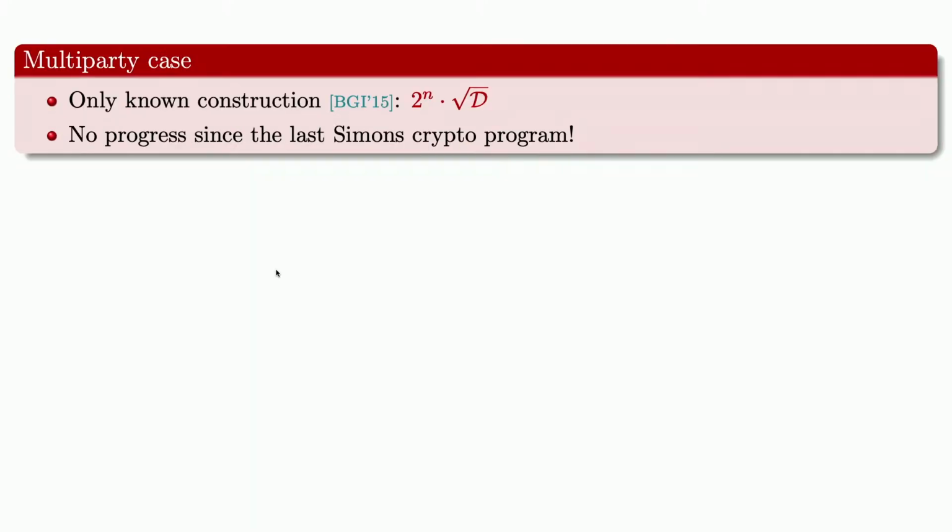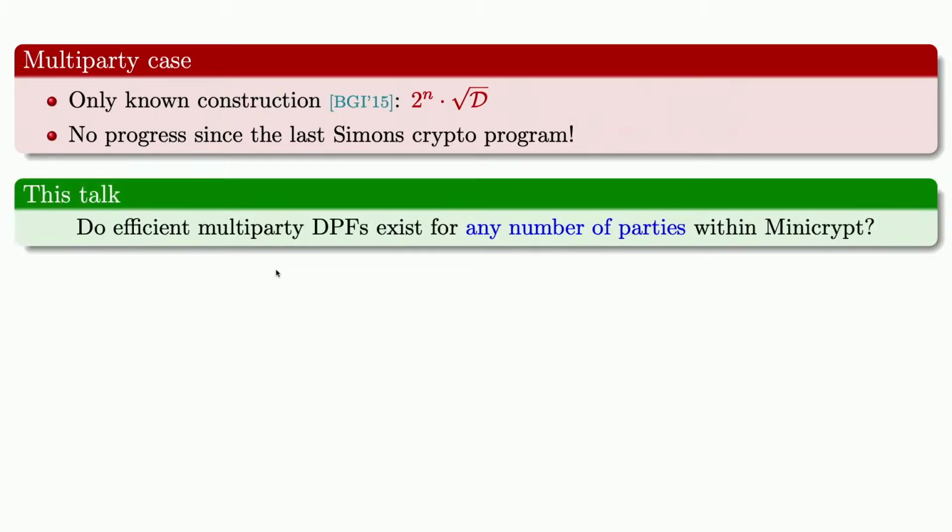All right. So this is the problem we want to look at in this work. In particular, the question we wanted to answer is: can we at least improve the dependence on the number of parties in this construction? So maybe here we are exponential in the number of parties.